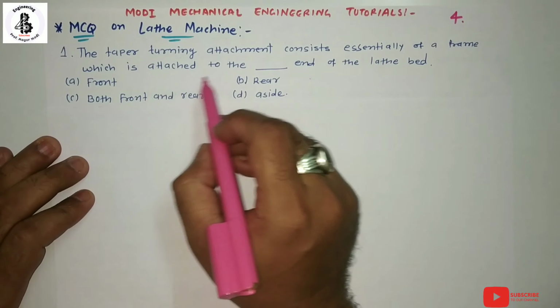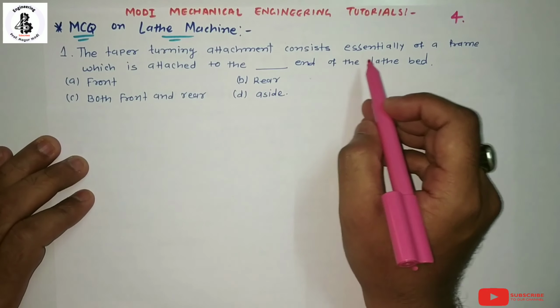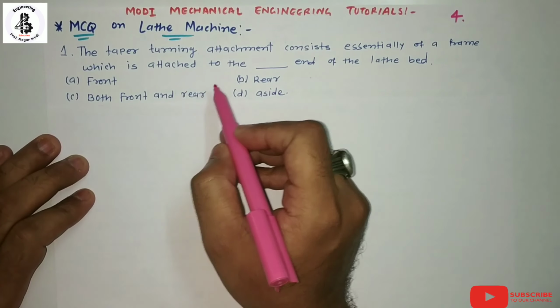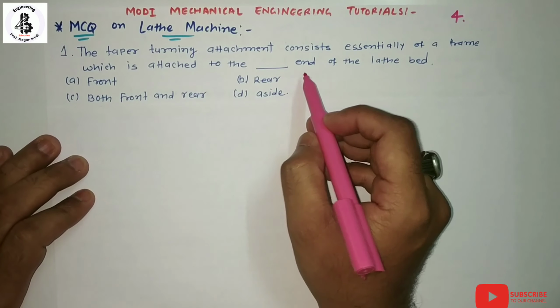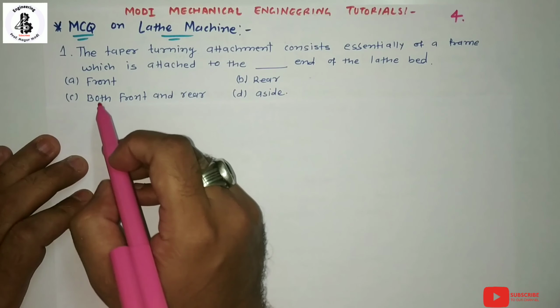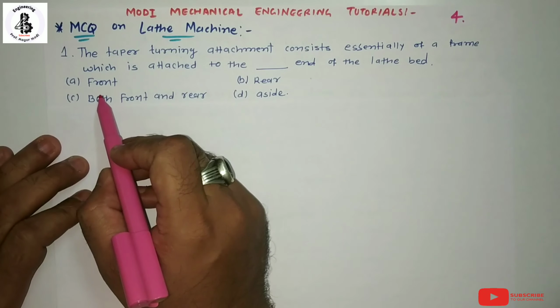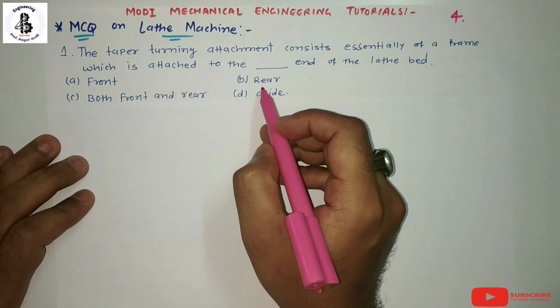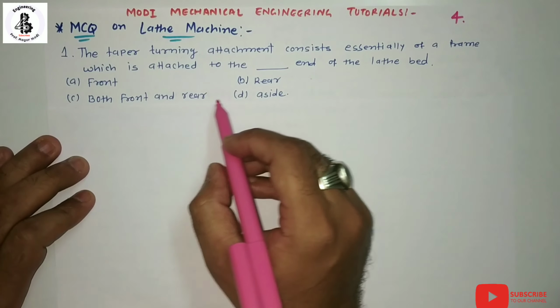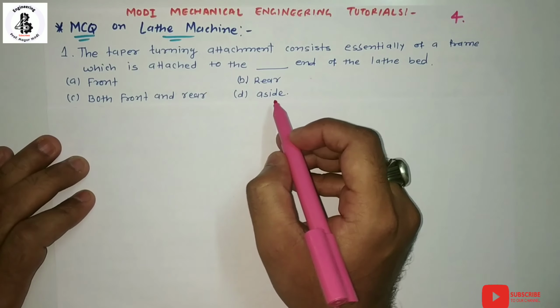The taper turning attachment consists essentially of a frame which is attached to which end of the lathe bed? Option A, front end; option B, rear end; option C, both the front and rear end; and option D, a side.